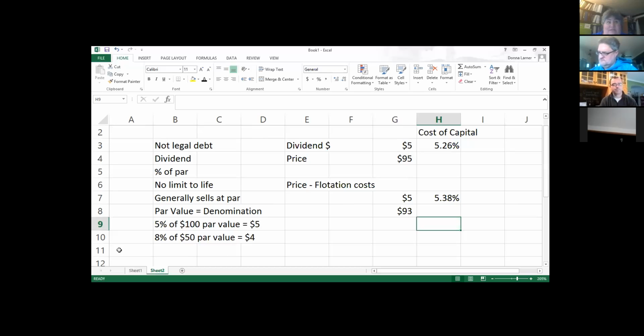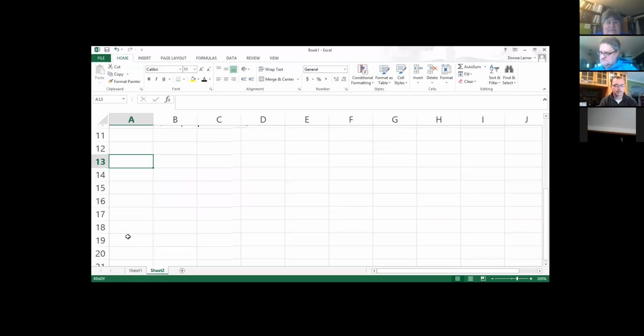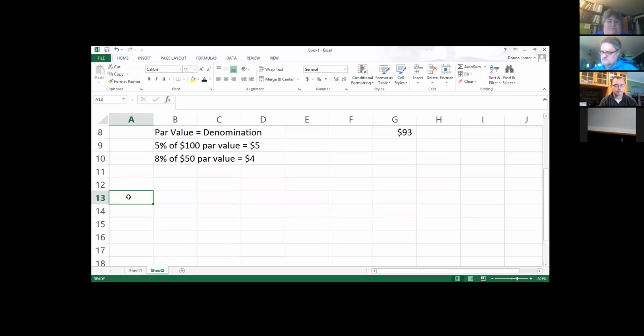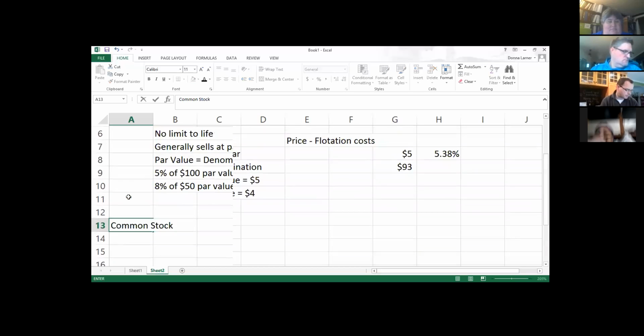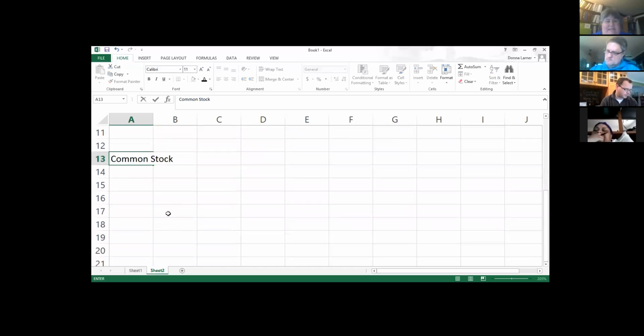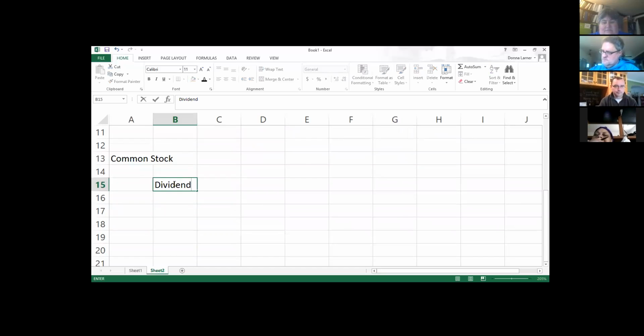Okay. Common is the next formula they talk about. And with common stock, you're again taking the dividend and dividing by the price. But then after you do that, they add in a growth rate.